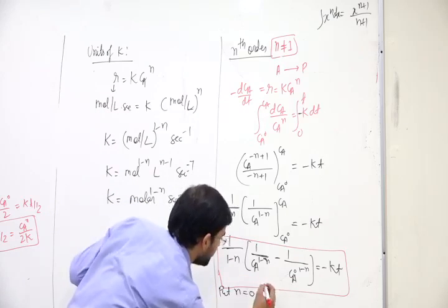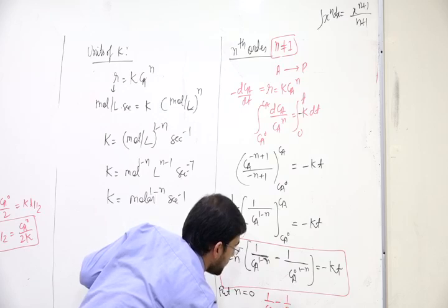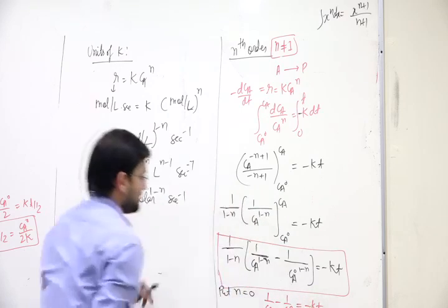So what we get here is 1 by Ca minus 1 by Ca naught equals minus Kt.